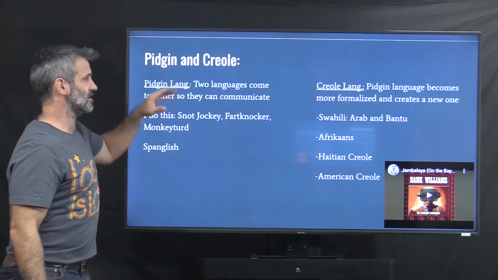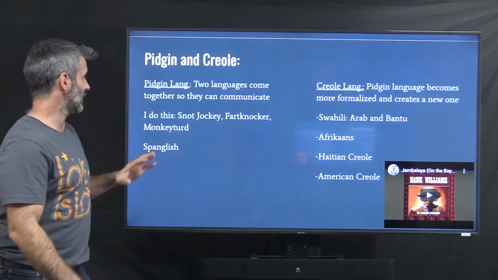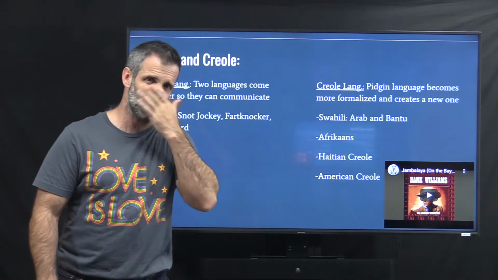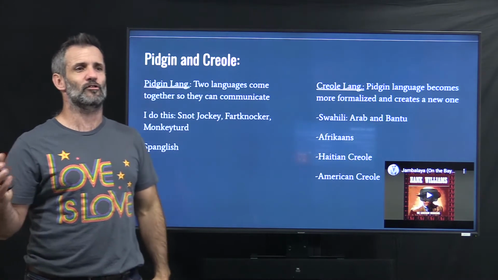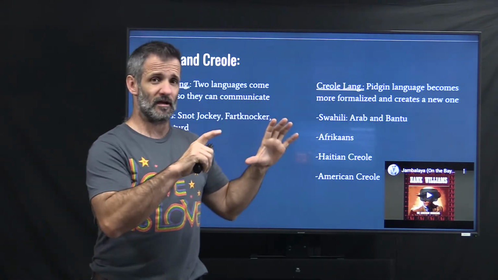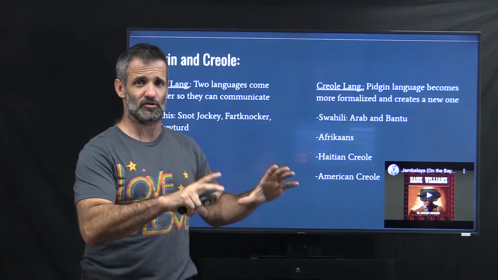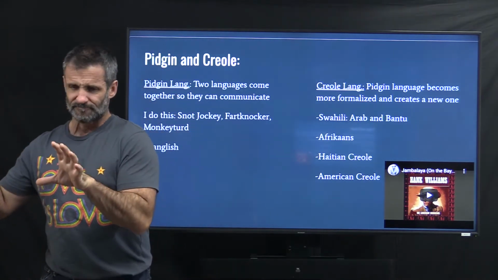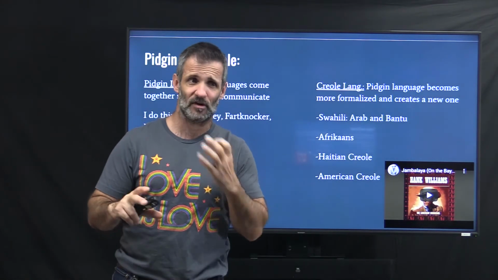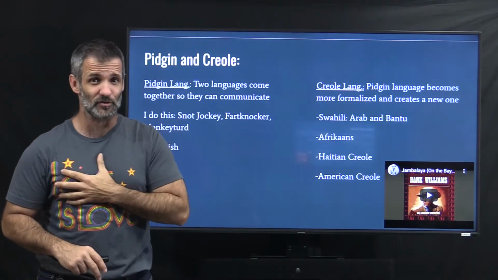All right, Pidgin and Creole. Pidgin languages are two languages that come together so that people can communicate. Adam Sandler made a great movie about this called Spanglish, where he had a housekeeper who spoke Spanish, and his family spoke English, and they started to kind of communicate together. I actually do this a little bit too.